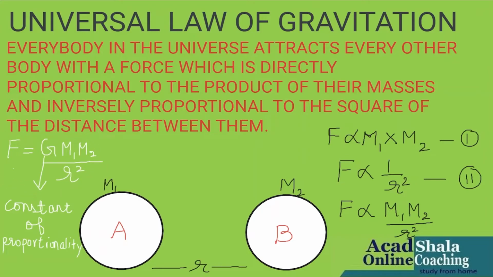So this is the very final expression which I got over here. That is, F is equal to G M1 M2 upon R square. So this is the expression which we will take forward in the chapter.